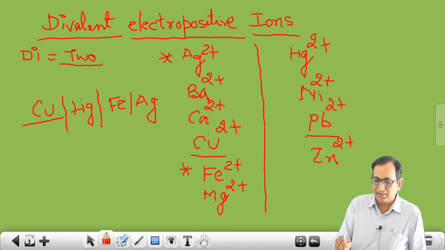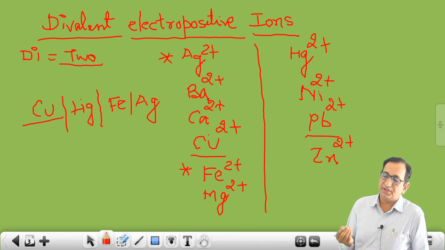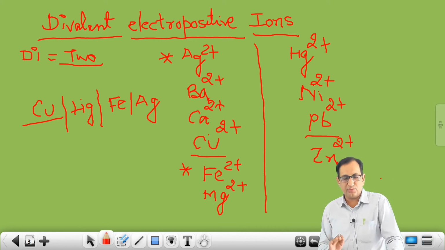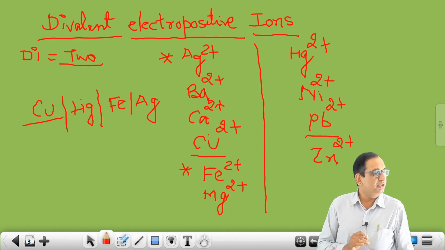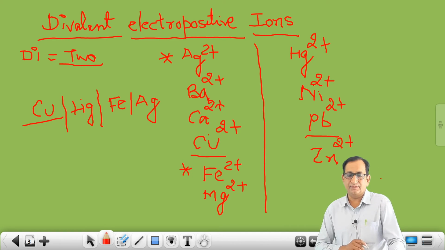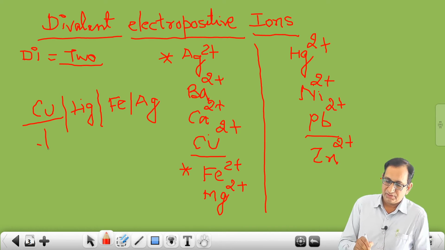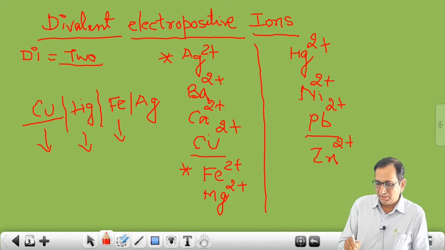But silver we use very little. Especially in case of silver, in most cases we use only plus 1 valency. But these, Cu, then Hg, then iron, and then your silver.